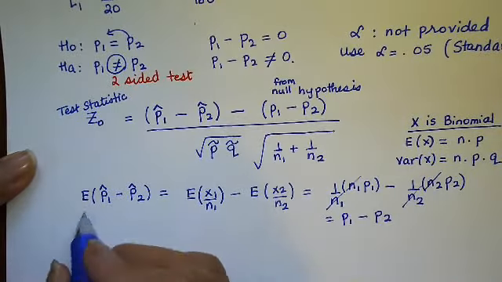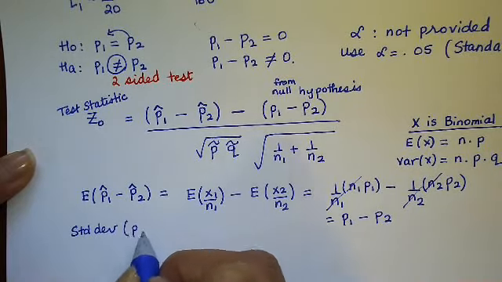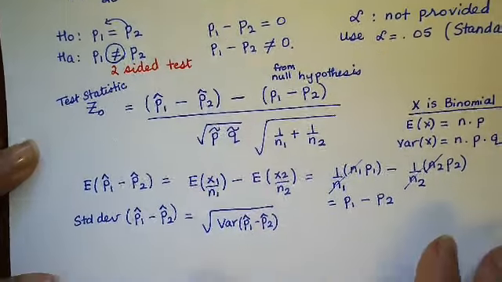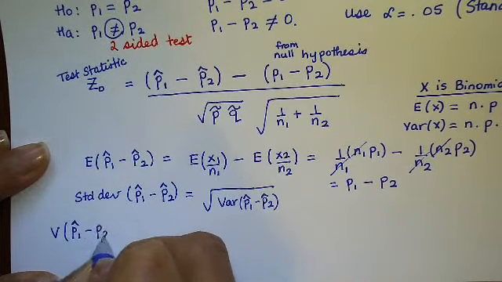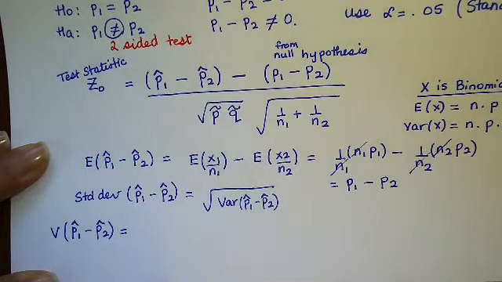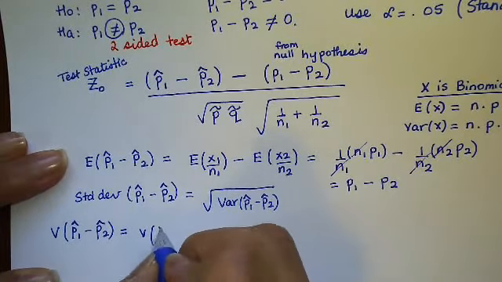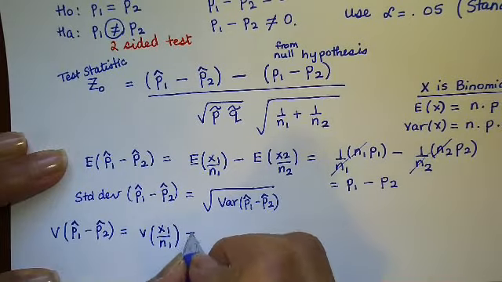Next, I'm interested in the standard deviation of p1 hat minus p2 hat. So standard deviation of p1 hat minus p2 hat, of course, is the square root of the variance of p1 hat minus p2 hat. So next, let me work on that one. So variance of p1 hat minus p2 hat is equal to the variance of p1 hat.